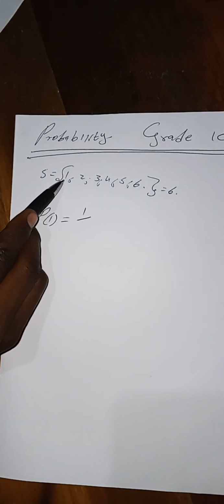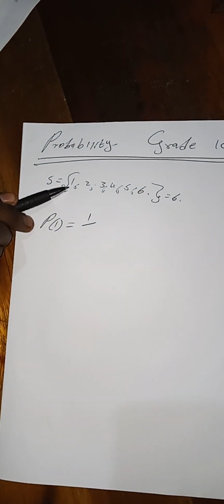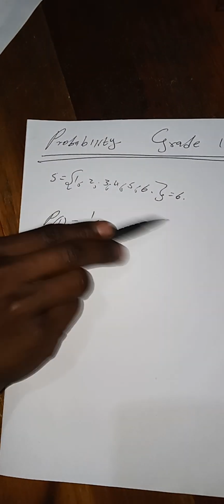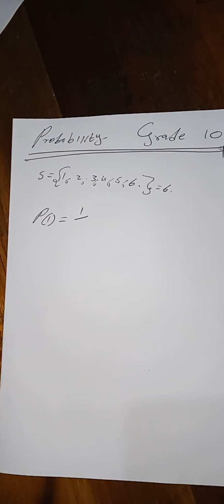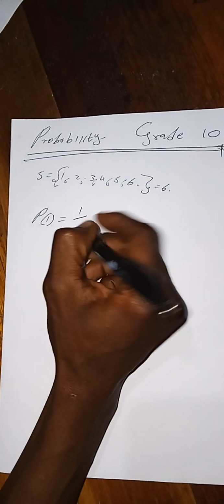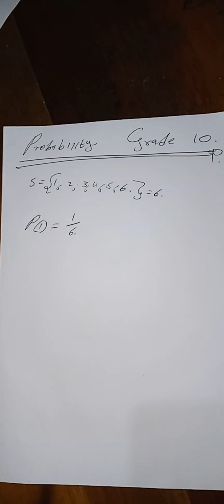We have only one possible chance to find a 1 on a fair dice, meaning if we throw a dice, we get a 1. It's only one possible chance to get a 1 out of 6 possible chances.